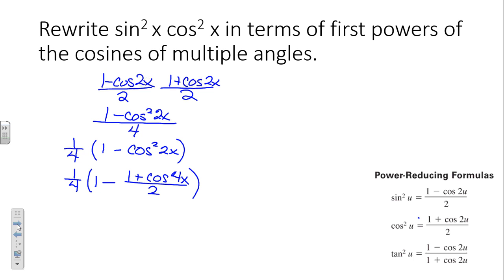So now we have to simplify. What's our common denominator in the parentheses? 2. So we'll have a 2 over 2. If I take 2 minus 1, I'm going to get 1, and if I'm distributing that negative through to both of them, I'll have a minus cosine of 4x, all over 2.